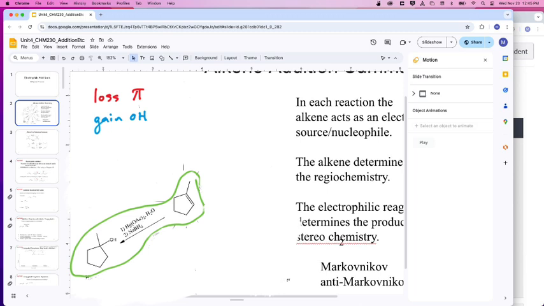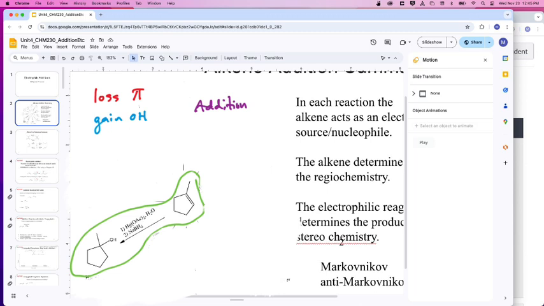Try a different way. What kind of chemical reaction happened? Yeah, addition. You got an addition. What does it mean to do an addition reaction? Break a pi bond. Break a pi bond and 2 sigma bond.